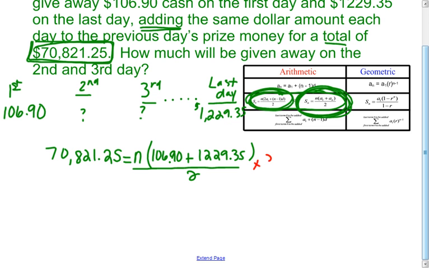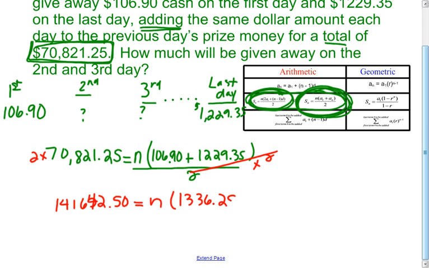So I'm going to multiply by 2. That will drop. And when I do that, I get $141,642.50. And when I add 106.90 and $1,229.35, I get $1,336.25, which of course I will then divide by that.